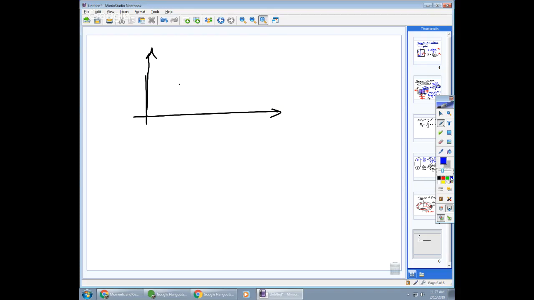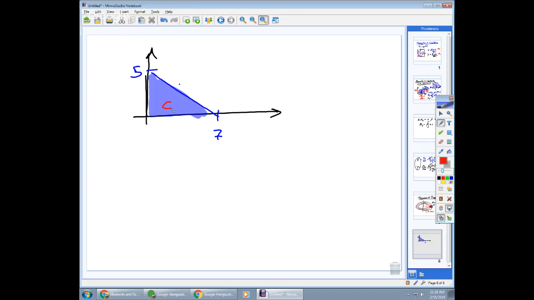Let's make a triangle that is 5 tall and 7 long, and let's make it a right triangle. So I've got this area in here. I want to know where the center is.